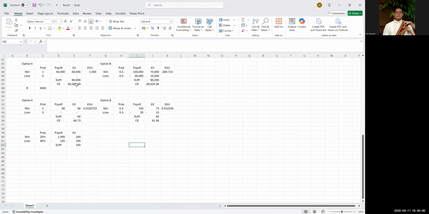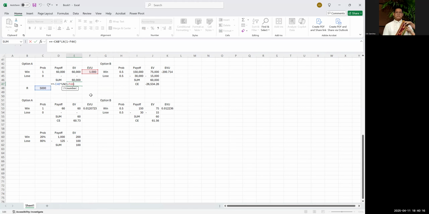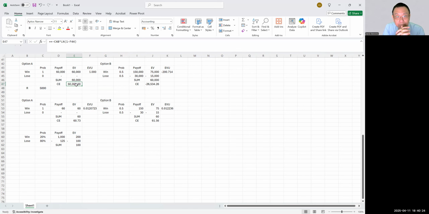Okay. Using the earlier output, now we're just computing CE. Using that formula, negative R ln of 1 minus the expected value of the utility. So you get 60,000 on both sides; without the rounding error, it should be equal to this.